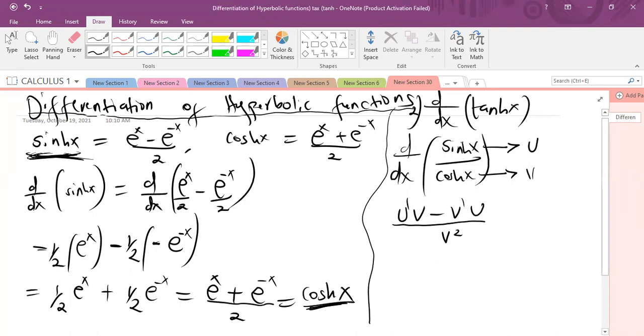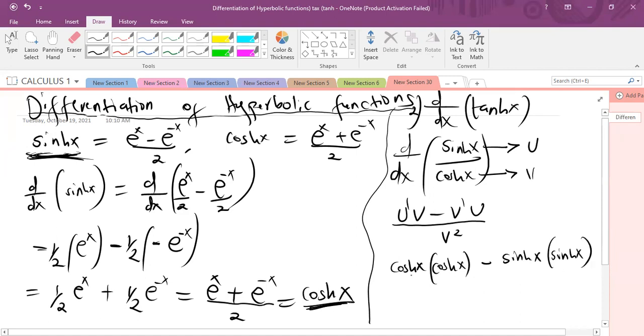From the table, you will get cosh x multiplied with v, which is another cosh x, minus v prime. If you differentiate cosh x from the table, it gives us sinh x, multiplied with u, which is another sinh x. All this divided by v squared, that is cosh squared x.